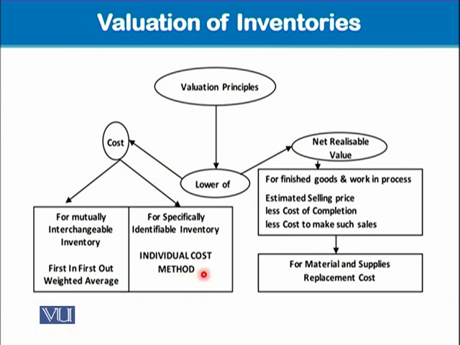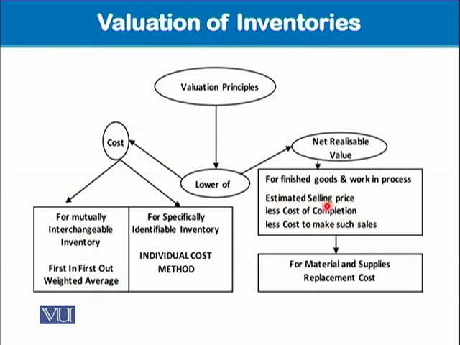So this is the calculation of cost. Then net realizable value for finished goods and work in process. As we know, there are three classes of inventories: material and supplies, work in process, and finished goods. For finished goods and work in process, the formula is estimated selling price less cost of completion less cost to make such sales.